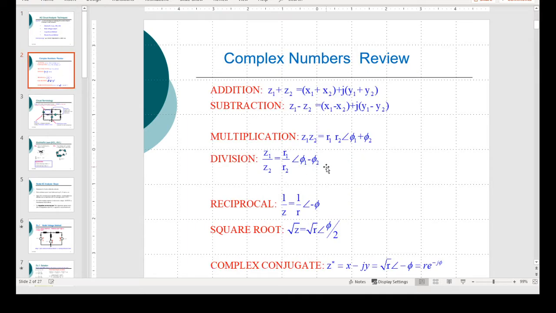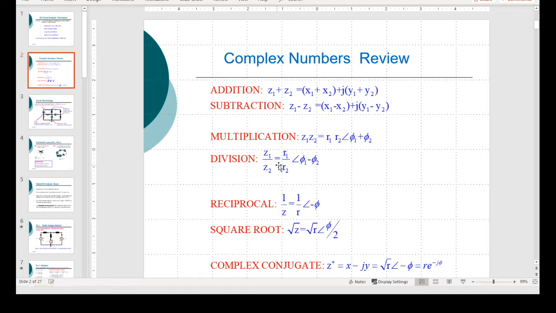To the second slide. This is just to remind us how we handle complex numbers, because you will need to add impedances. For example, if they are in series, you need to subtract, you need to multiply impedances with current in complex or phasor form.